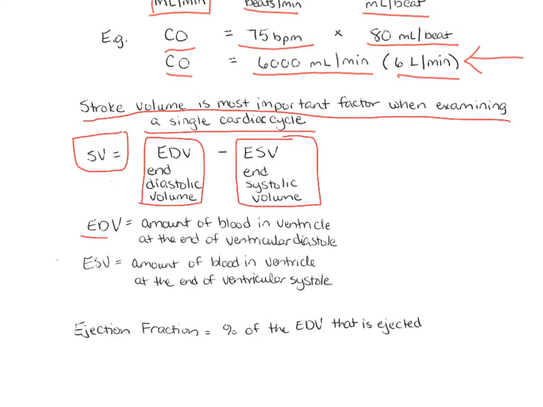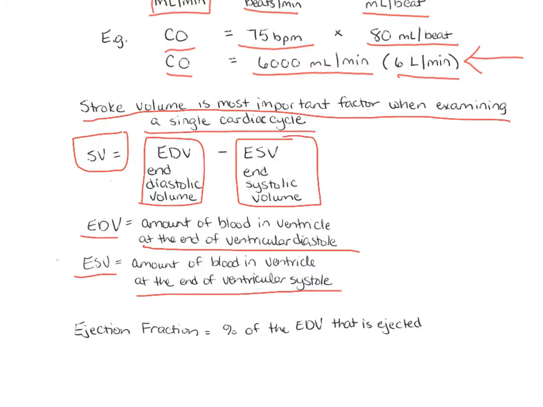So the end diastolic volume is the amount of blood in the ventricle at the end of ventricular diastole, when it's done completely filling, right before it's going to contract. And the end systolic volume is the amount of blood in the ventricle when it's done contracting, at the end of ventricular systole, right?